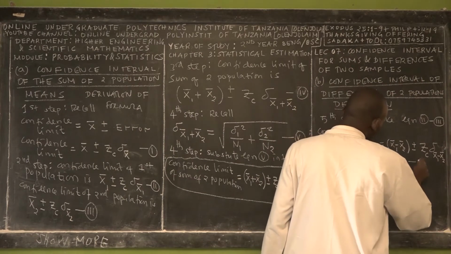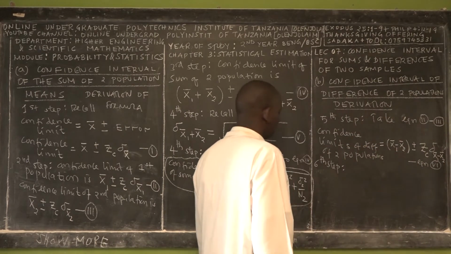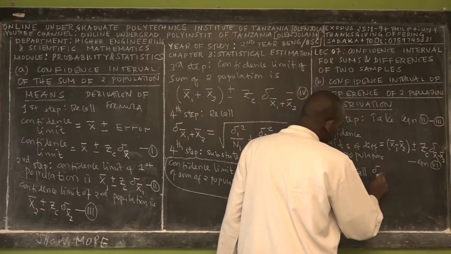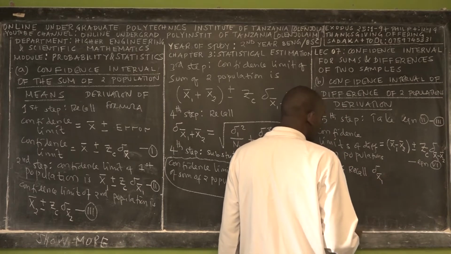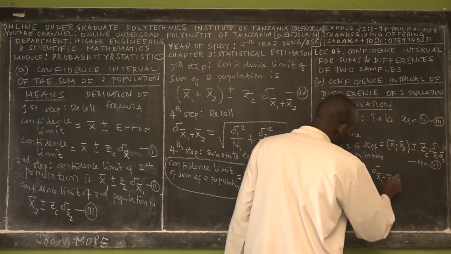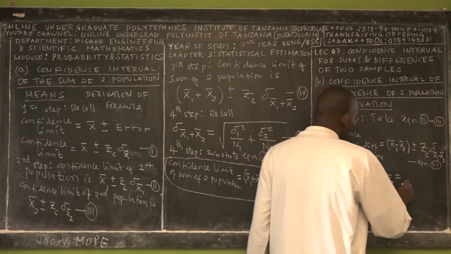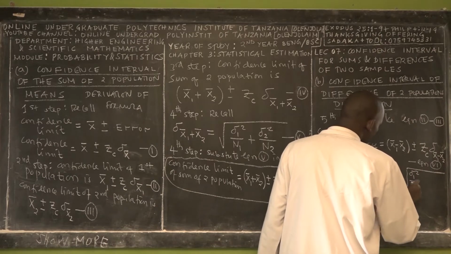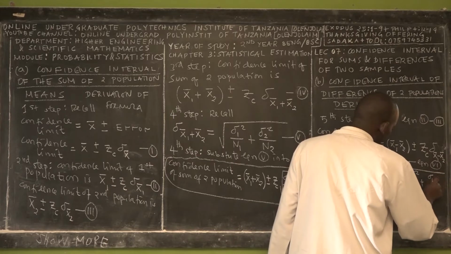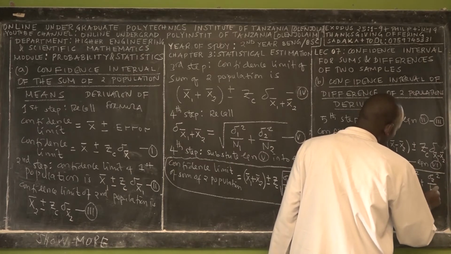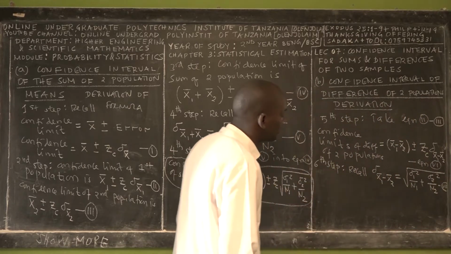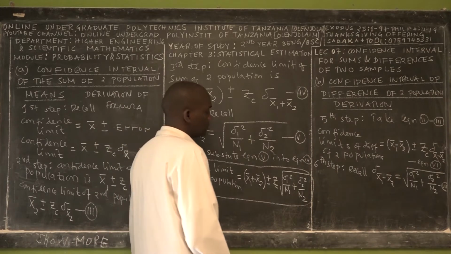Recall that we told you the standard deviation of the sampling distribution of mean 1 minus mean 2 is equal to the square root of the variance of the first sample over sample size 1 plus the variance of the second sample over sample size 2. So this will make it equation 7.